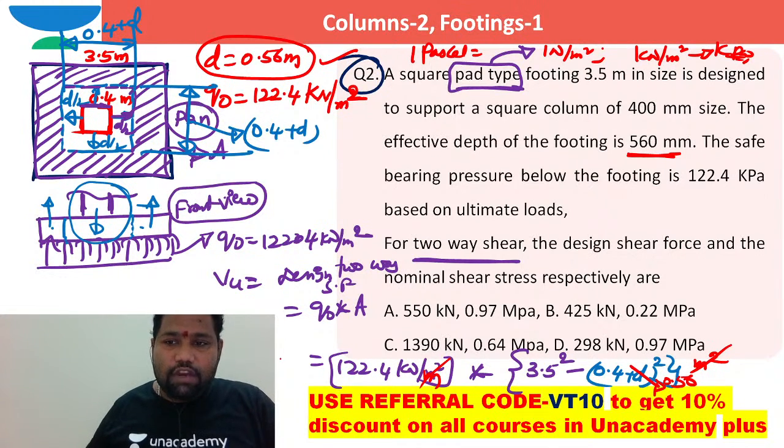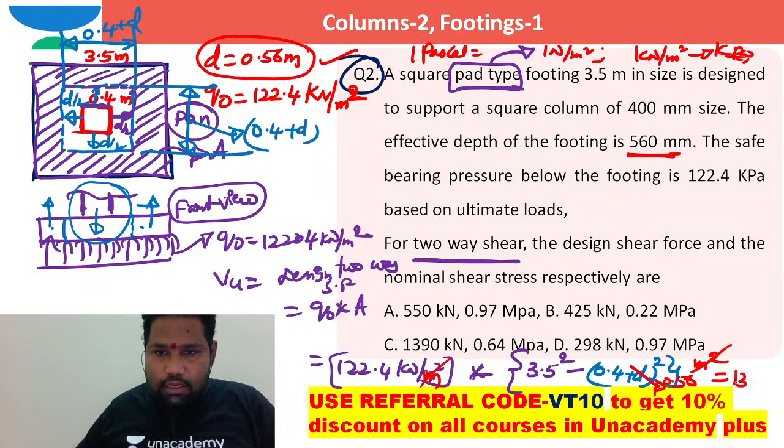Now the question is, every one of my brothers, especially Ashutosh Jaina, will ask, sir, what is this answer in kilonewton? This answer in kilonewton is 1386.596 kilonewton. So just by looking at these options, you can pick option C with the help of one and only one option.